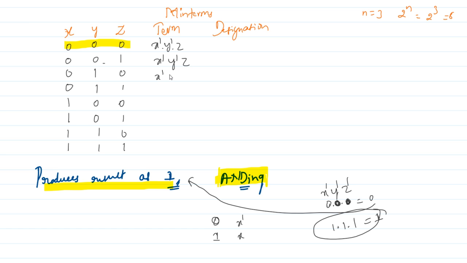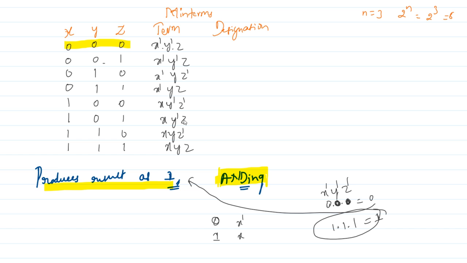Here x prime, y, z prime; x prime, y, z. Then x, y prime, z prime. Now x prime, y, sorry, this is just x because 1 is there. Okay, this is x, y prime, z; x, y, z prime; x, y, z.